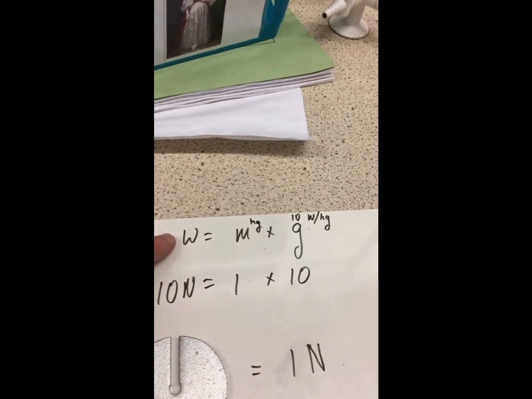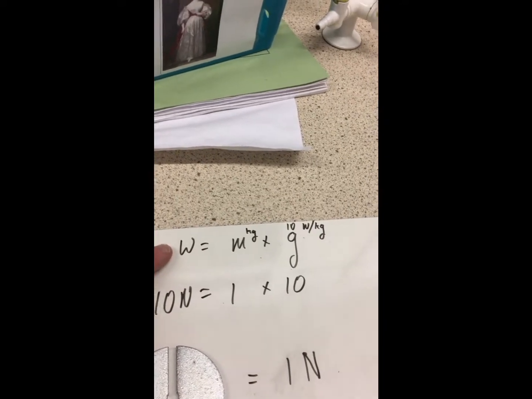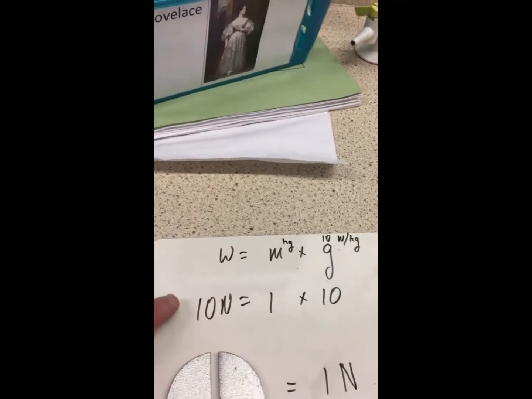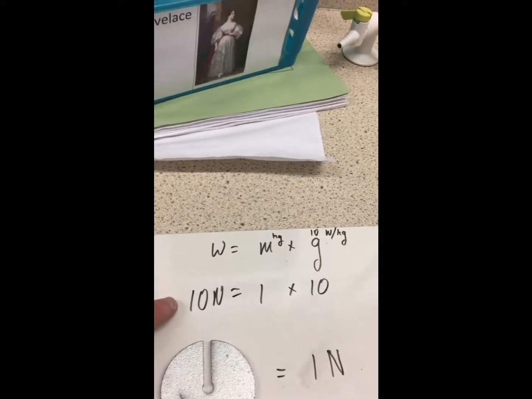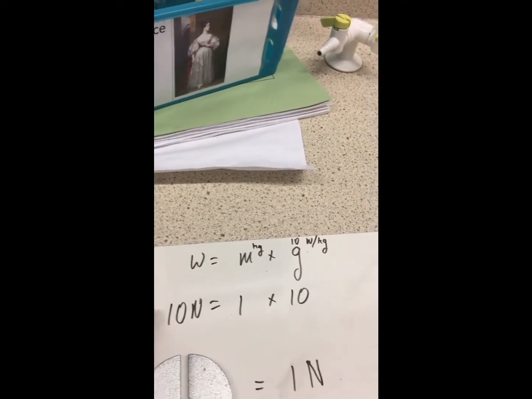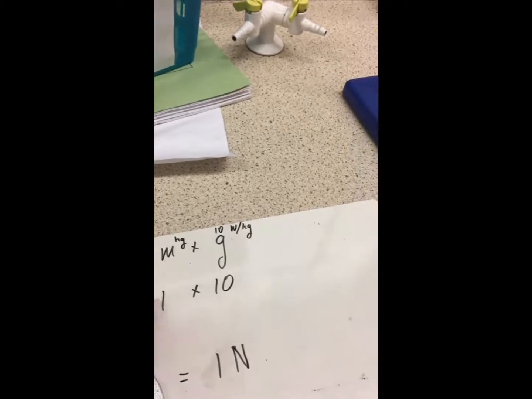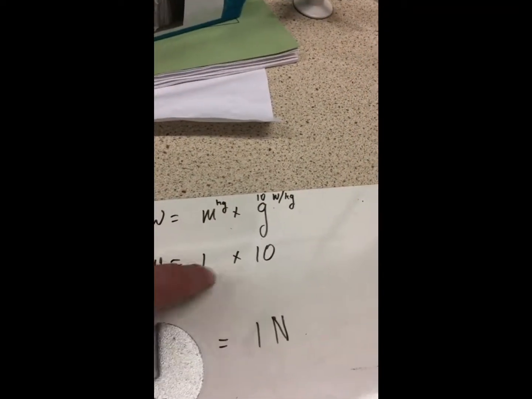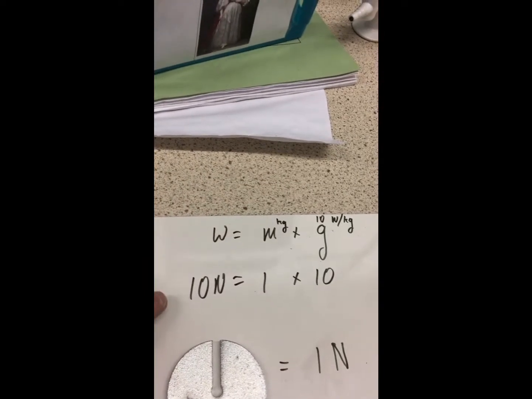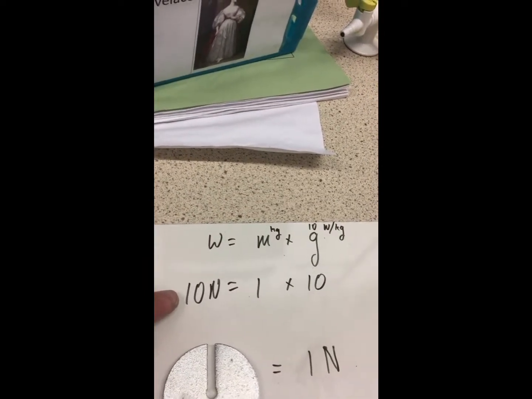Mass being measured in kilograms, and g, or gravitational field strength, is 10 newtons per kilogram. I have got a 1 kilogram set of masses here today. So 1 kilogram times 10 newtons per kilogram is giving me then a weight of 10 newtons.